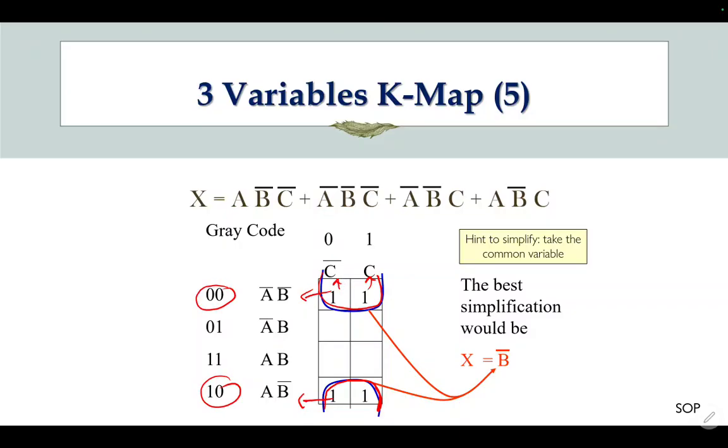So you got here A bar, change state, so you don't read them. So B maintain, so you read B bar. So you got B bar. And then here C change state from 0 to 1. So you don't read C. So you got X equals to B bar. So this one is the most simplified equation.